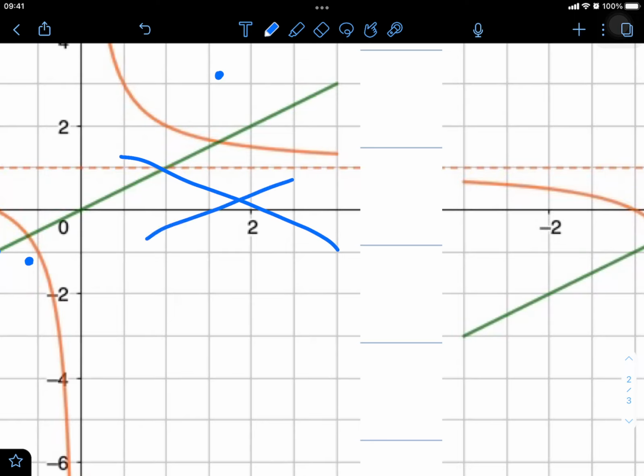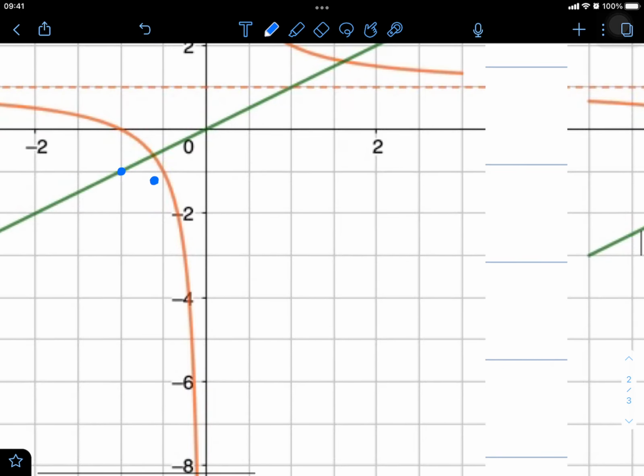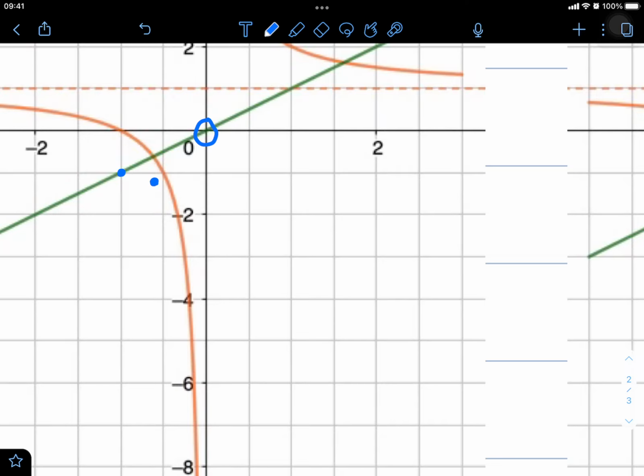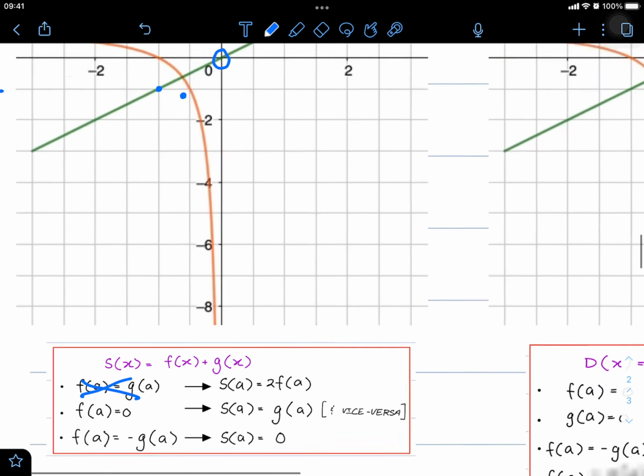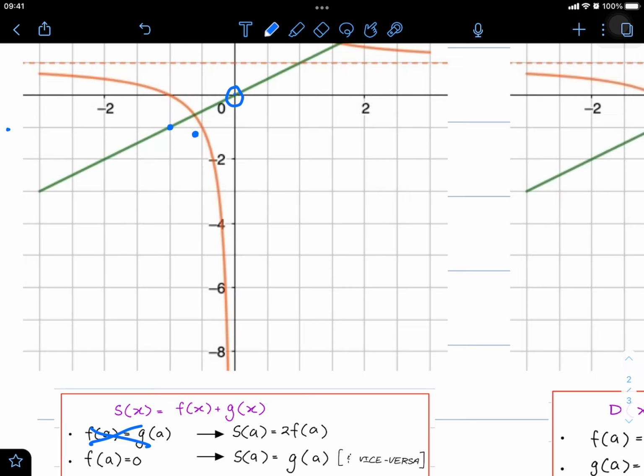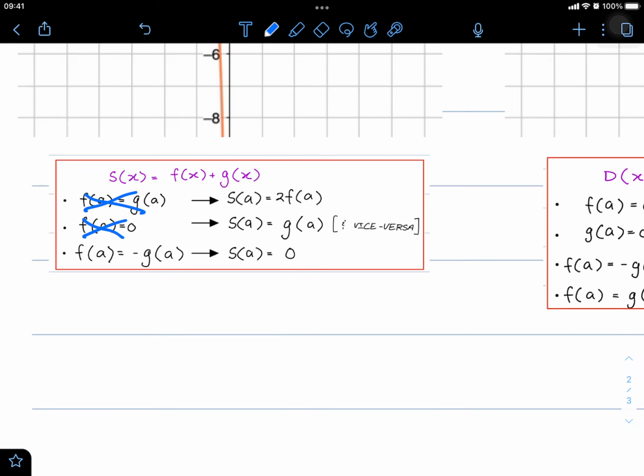So we can ignore this point here. And lastly, when g is 0, 0 plus anything is that anything. But notice how at 0, that's actually where the asymptote is. So we actually can't plot where f is at that point. Okay, so we can't use this anymore.